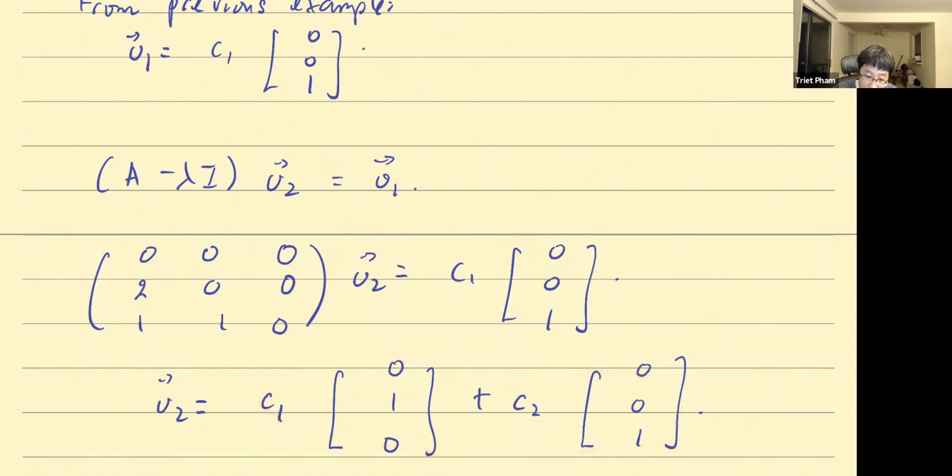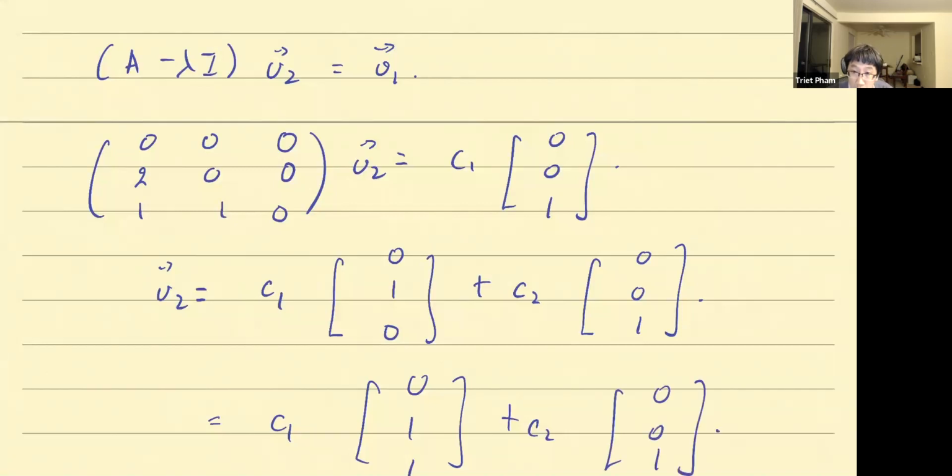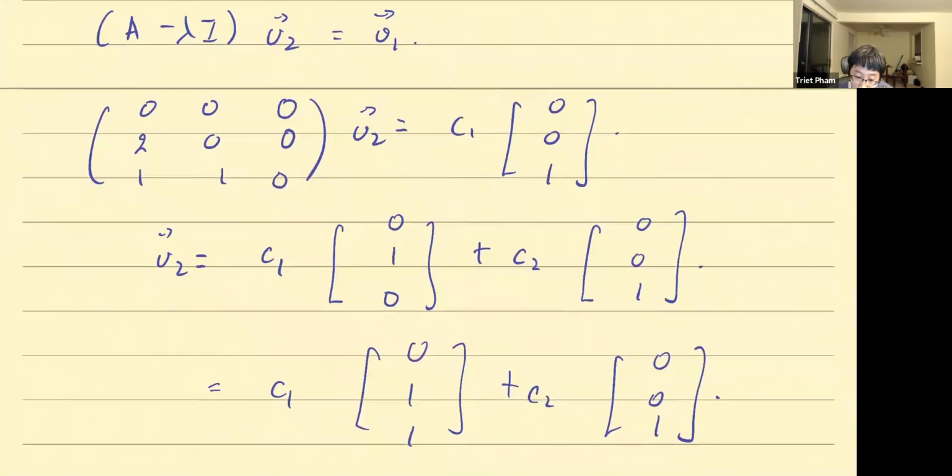So yeah, it could be C1 (0, 1, 1) plus C2 (0, 0, 1). Is that okay, Will?